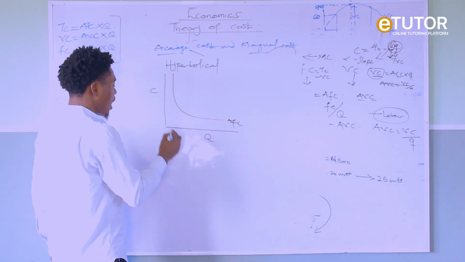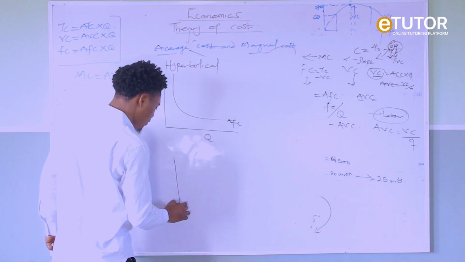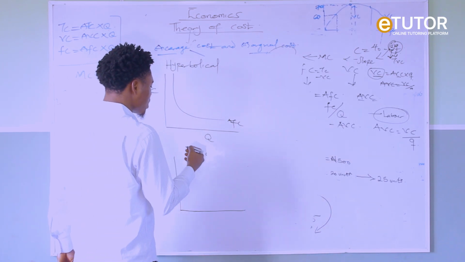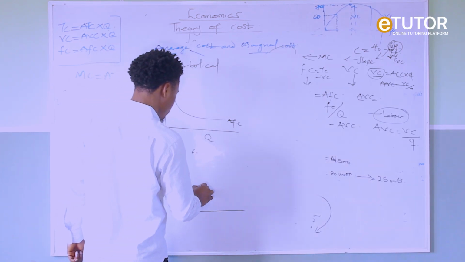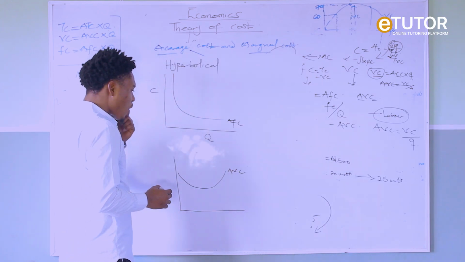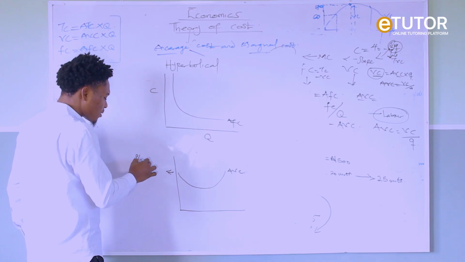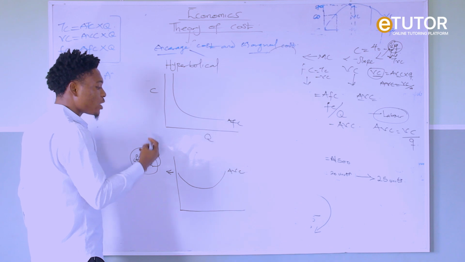Therefore, our average variable cost. So our average variable cost is just like our average total cost in U shape, but there's a difference between both. Now this is our average variable cost. Your average variable cost is more flattened than your average total cost.